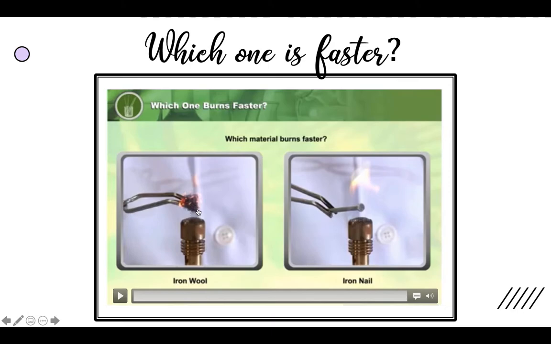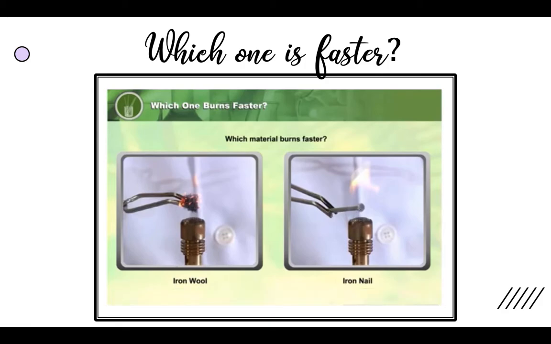Jadi dia punya total surface area for this iron wool is bigger than this iron nail. Compared to iron nail, yang exposed to heat hanyalah tepi-tepi batang dia, and then on the head dia dekat depan sini. Jadi dia susah sikit lah nak terbakar because the total surface area is smaller.